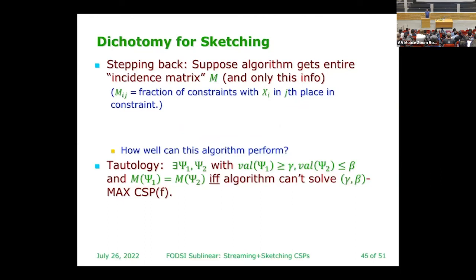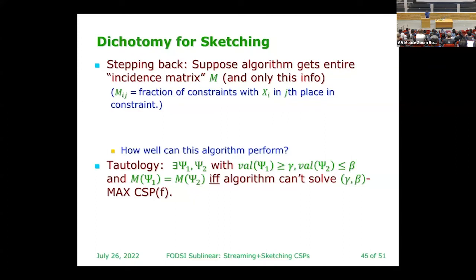There's not even an algorithm, it's just some information theoretic statement. If this is the information, that's not going to be sufficient. It's a non-sufficient statistics thing. And conversely, if there are no two instances which have the same matrix, then it can be solved by this algorithm, though maybe in exponential time or whatever, infinite time.